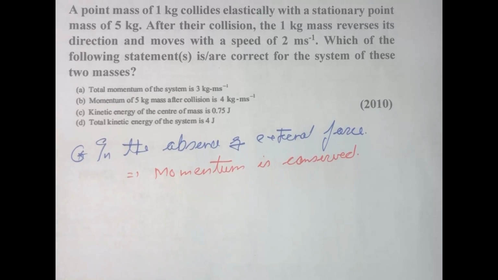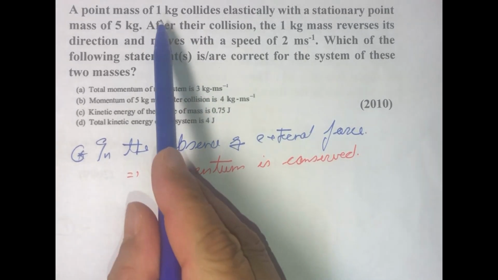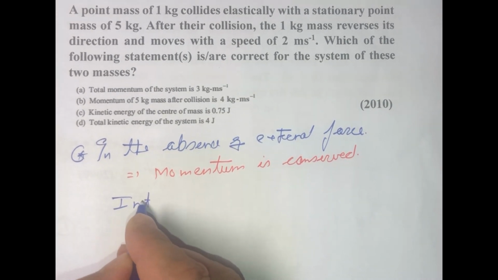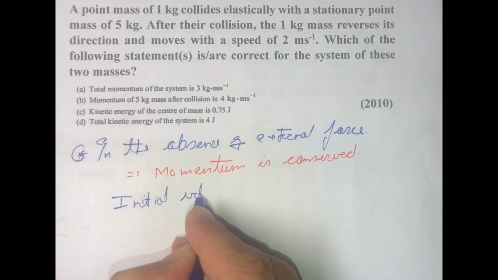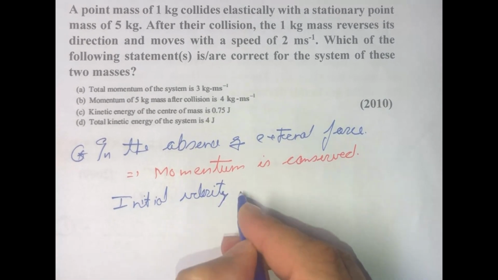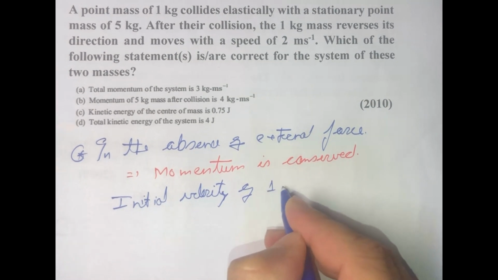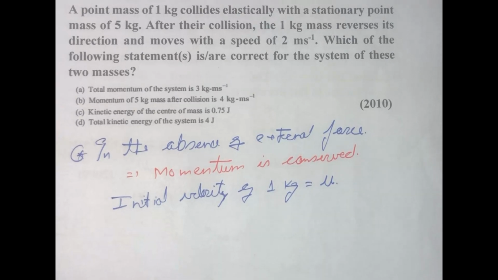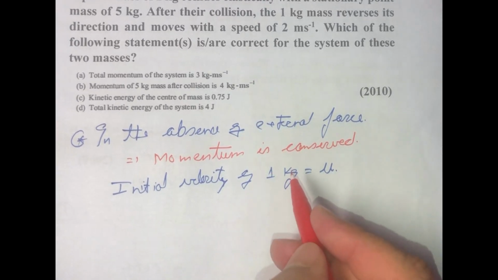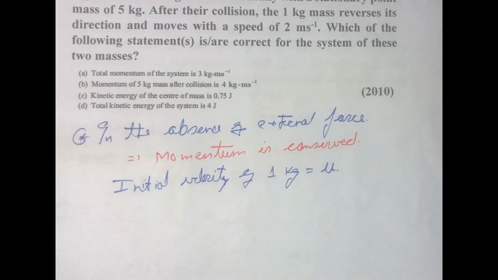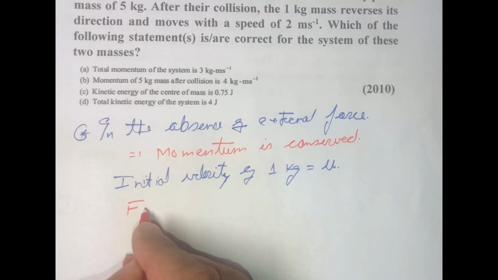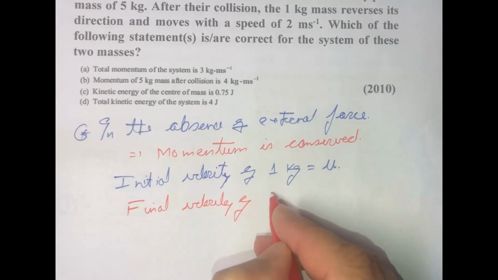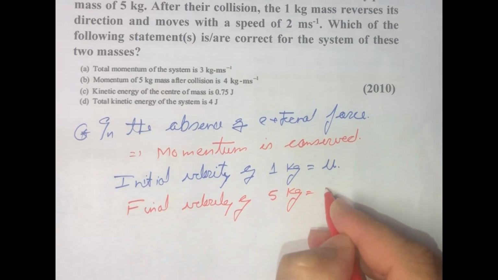So let us assume that the initial velocity of the 1 kg mass is given as u, and the final velocity of the 5 kg mass is given as v.